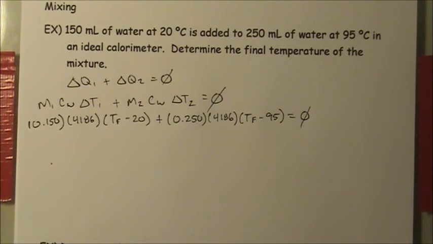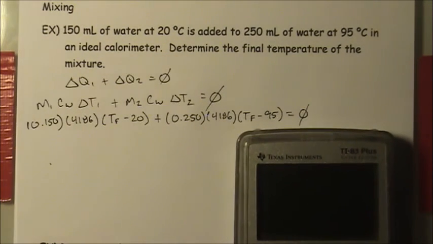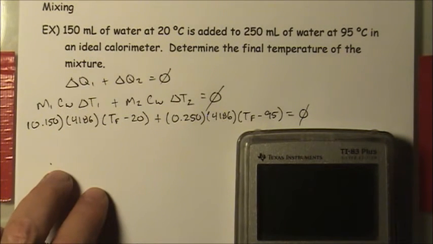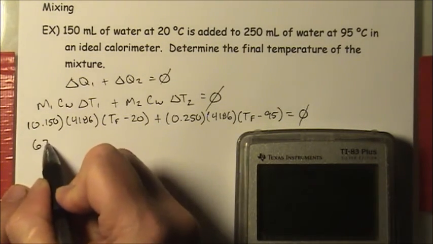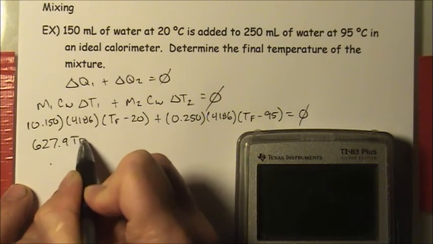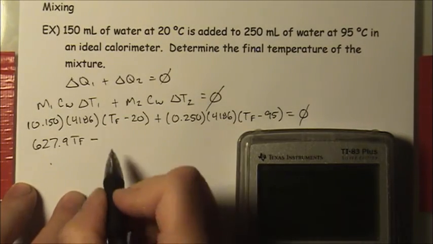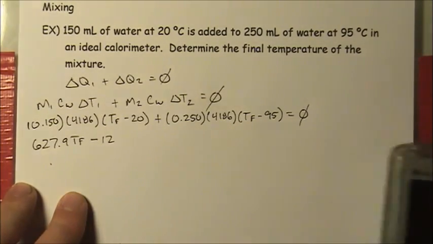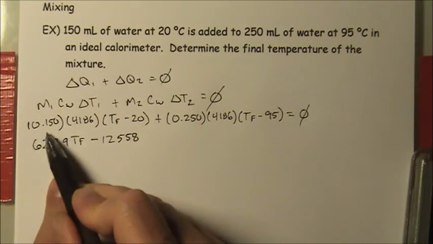Now we just take this to the calculator. Let's calculate a few of these numbers, and then we'll bring the TFs together. In this case, that would be 0.15 times 4186 times TF, so that is 627.9 TF, minus 12,558, which comes from multiplying by 20. That takes care of this entire calculation.